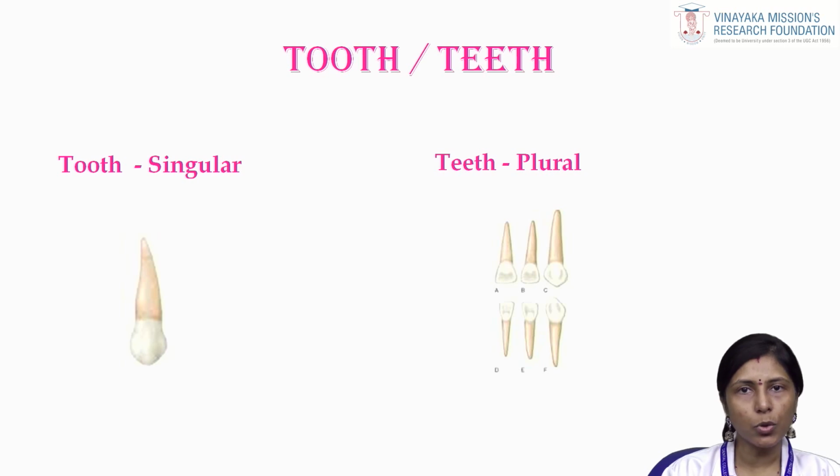The terminology tooth and teeth: when we are talking about a single tooth, the terminology tooth is used. If you are going to talk about multiple teeth, the terminology teeth is used. Singular is tooth, plural is teeth.